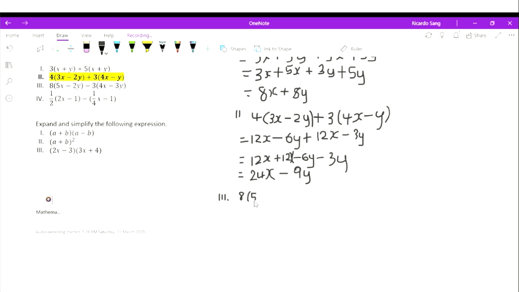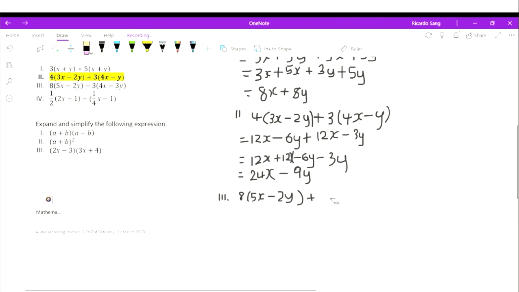Eight, open bracket, 5x minus 2y close bracket, plus 3.